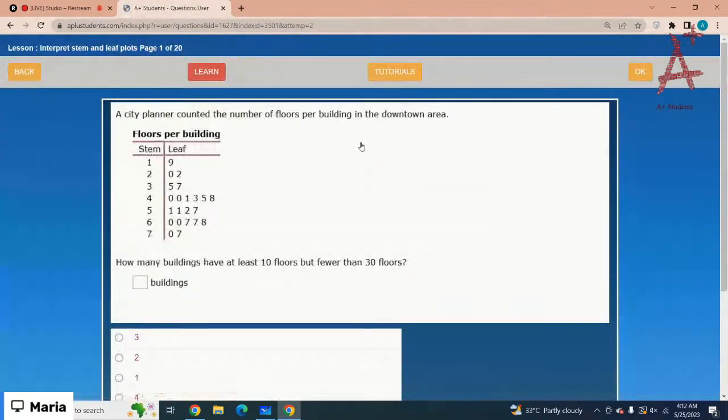A city planner counted the number of floors per building in the downtown area. How many buildings have at least 10 floors but fewer than 30 floors? So you have to select the values that are at least 10 and fewer than 30.